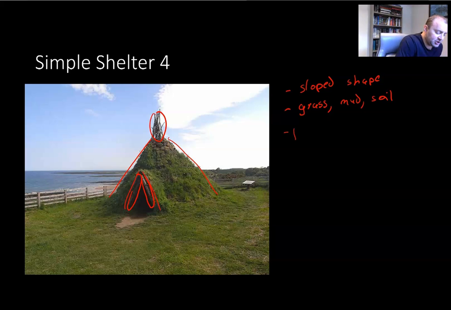So larger pieces of wood, I'll say branches of wood, because again, these don't look like real big timbers like you'd buy in the hardware store, but definitely sturdier than grass and soil. So larger branches of wood provide structure.